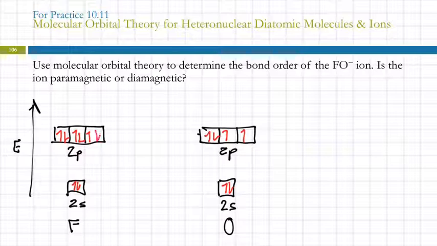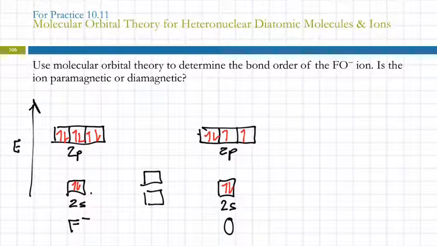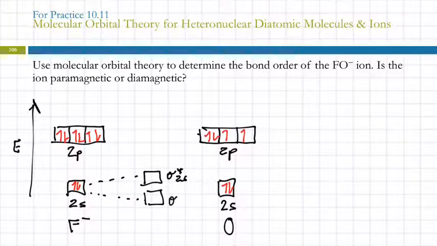We're giving it to the fluorine. So then this is essentially an F minus ion. Then we're going to combine these. So we're going to get, from the S, a sigma star 2s and a sigma 2s.